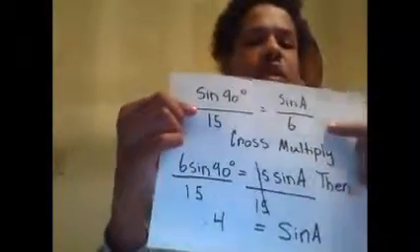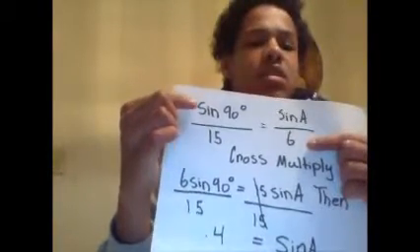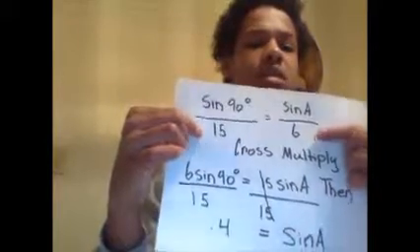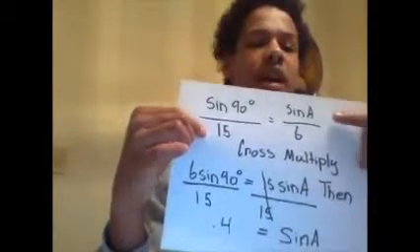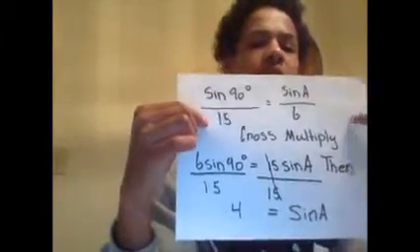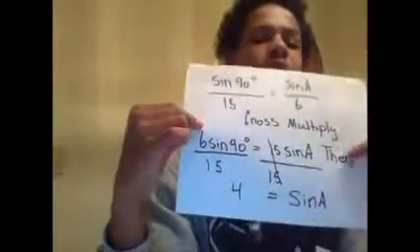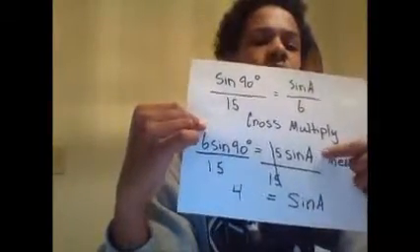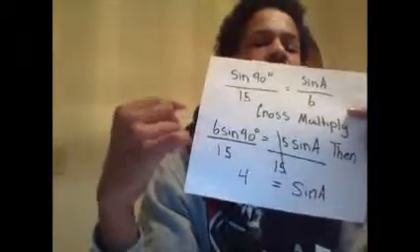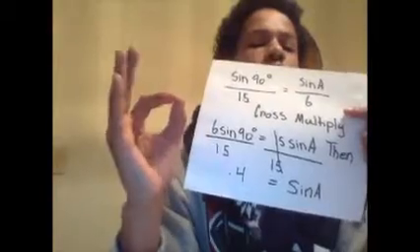All you did really was move this 6 over here to this sine 90, and move this 15 to this sine A. You see why it's set up like that now? Now when you divide out the 15, because we're solving for sine A, you move the 15 to the other side, you divide, and it should equal 0.4.